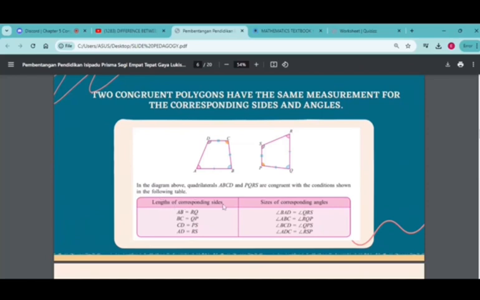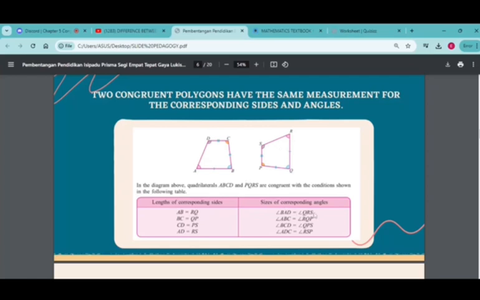Lengths of corresponding sides: AB equal to RQ, BC equal to QP, CD equal to PS. For the last one, AD equal to RS. They're the same size and same length.